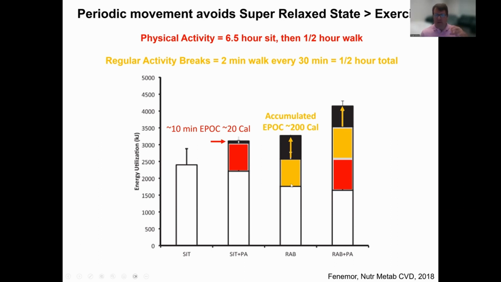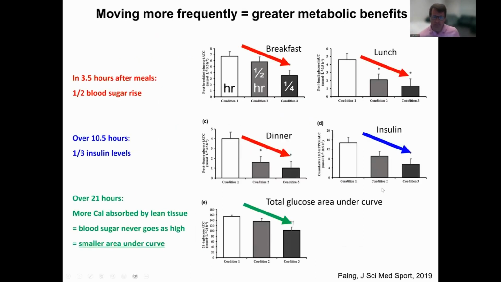If you have the walks broken up throughout the day, so the same total half hour, this is the yellow block, but it's broken up throughout the day, then the idling after each short walk ends up doubling or more the total calorie burn. And if you do both, then it's the same. So your extra calories from idling comes from the short walks, not from the long one. So idling throughout the day to burn more calories, raising your resting metabolic rate, doesn't come from the workout. It comes from the movement throughout the day.